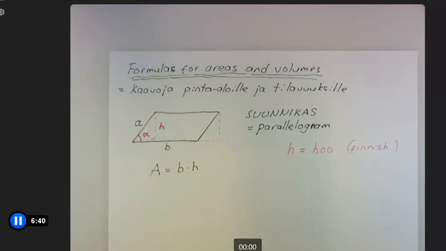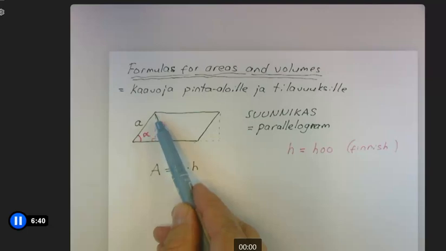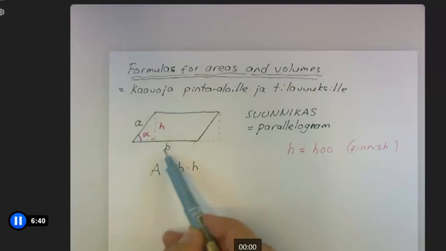But now, if we know only the sides of the parallelogram or suunnikas, how do we find out the height or altitude of this figure if we know A and B and alpha?